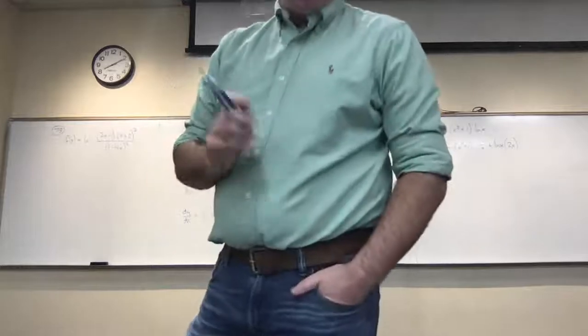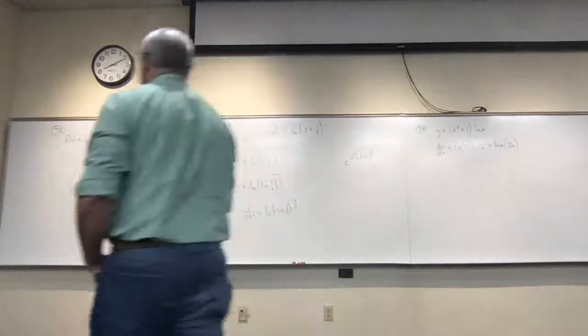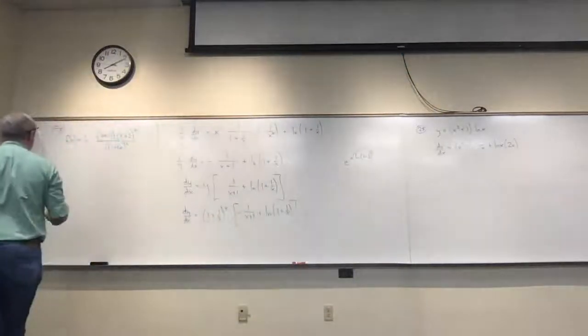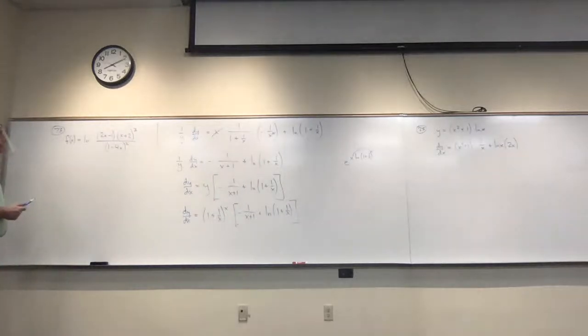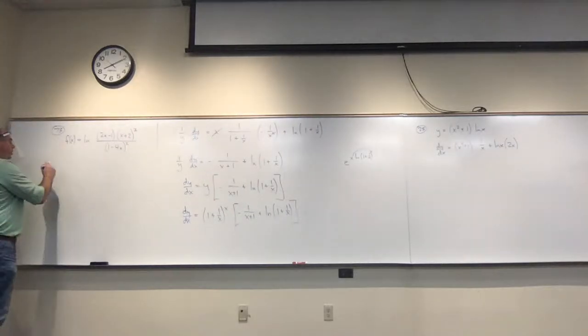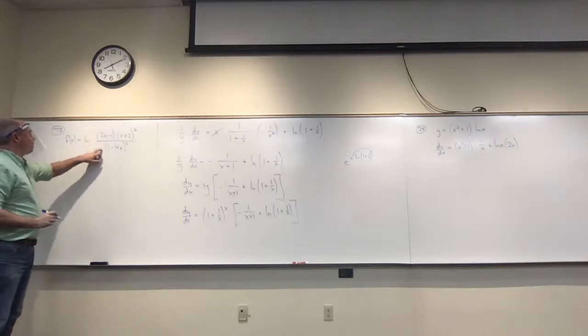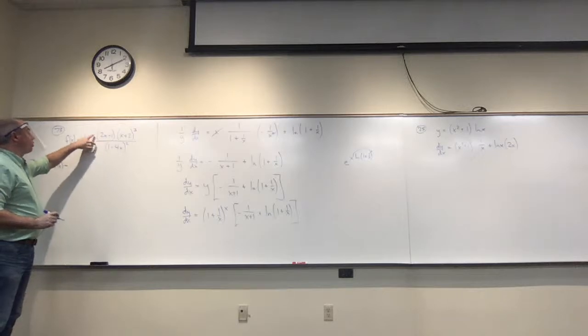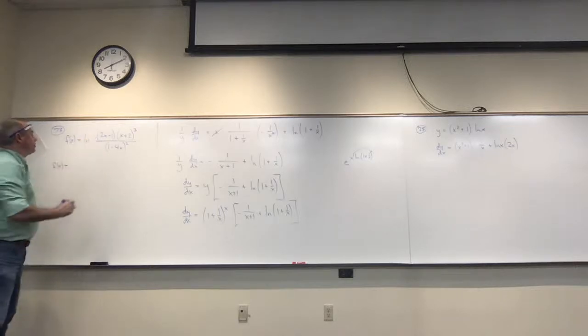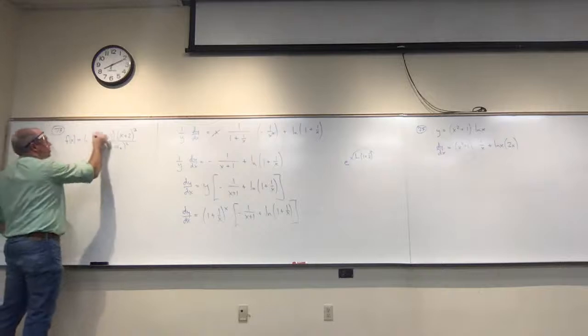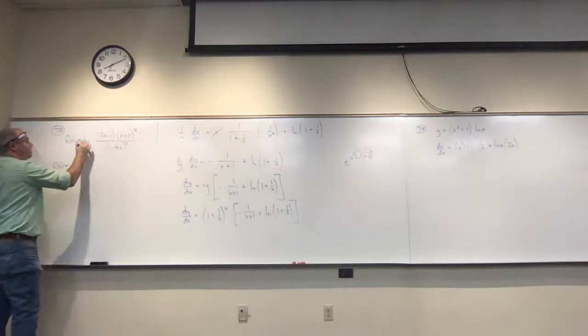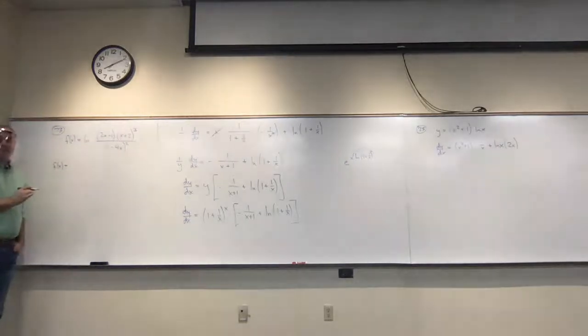Sometimes it's useful to use properties of logarithms to simplify first. I think this is one of those cases where you probably want to simplify a little bit first. If you have ln of a quotient, then it's going to be the natural log of what's on top minus the natural log of what's on the bottom.